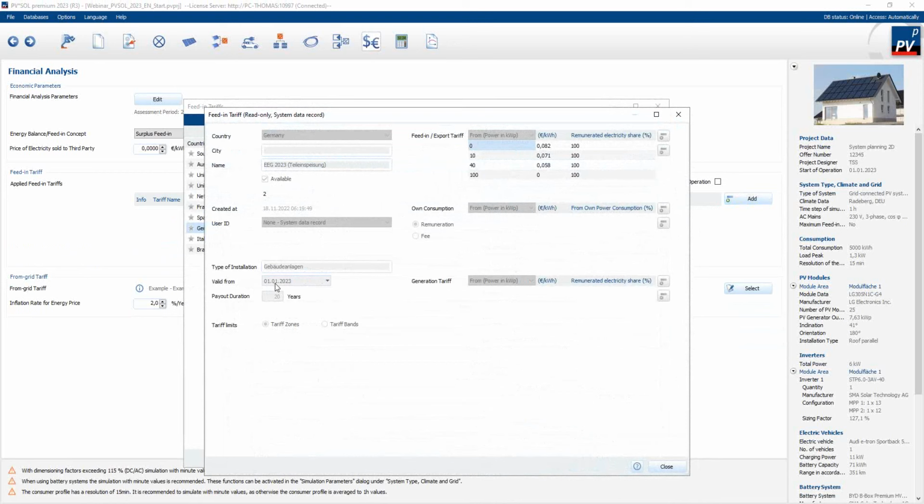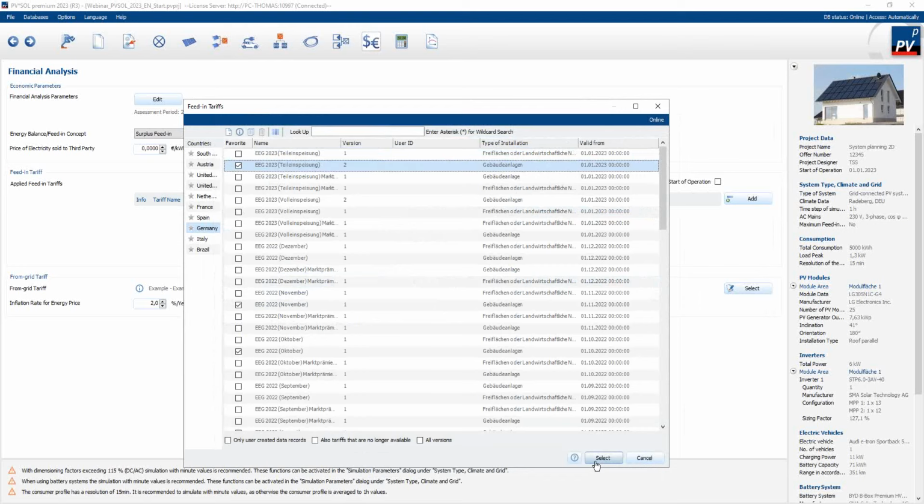And in the lower part, there's the more important one, the valid from date, and also how long it's valid, the payout duration here. In our case, it's 20 years. And on the right-hand side, there are the prices we get per kilowatt hour for the different tariff steps here, but of course it depends on the regulations in your country.